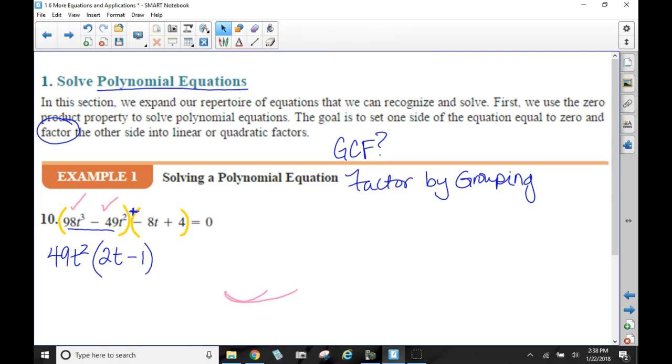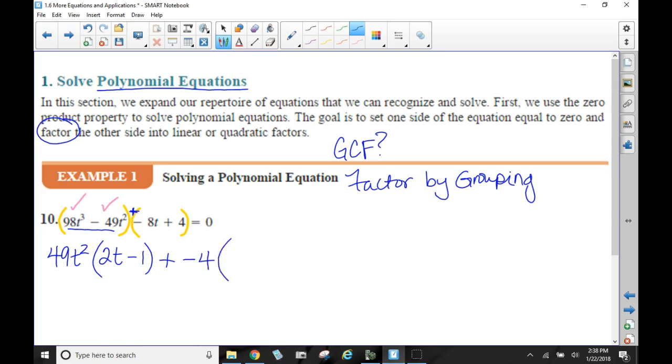Now, let me move that out of the way, actually. And let's factor what's common from the second group. From the second group, I'm going to bring down that plus sign that I squeezed in, and now let's factor out a 4. Now you have the option of pulling out a 4 or a negative 4, and I'm going to choose to pull out a negative 4.